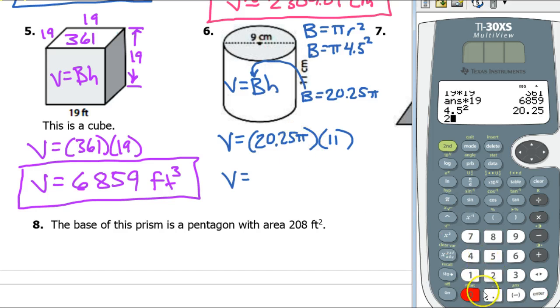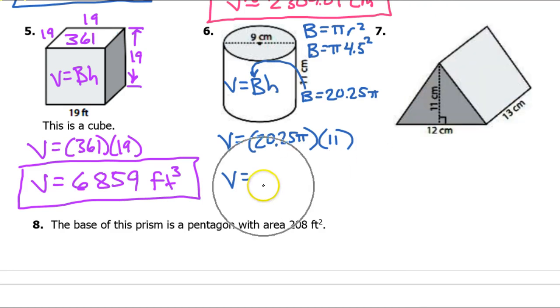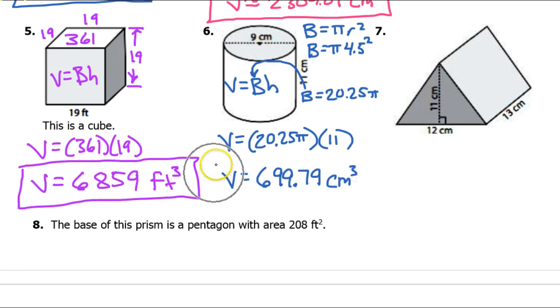So I have 20.25 pi times 11. So that's 699.79. And we're dealing with centimeters, so volume will be cubic centimeters.